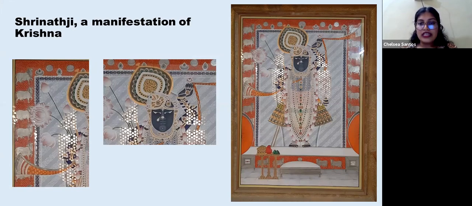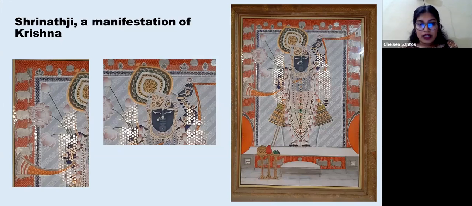And because he is a manifestation of Krishna, he picks up on certain qualities. So if you see the image to the left, you will see him surrounded by cows. Krishna is known to be a cowherd. You will also see in the same image the lotus. Lotus is also something that is associated with Krishna. It symbolizes purity. It symbolizes something that is eternal.